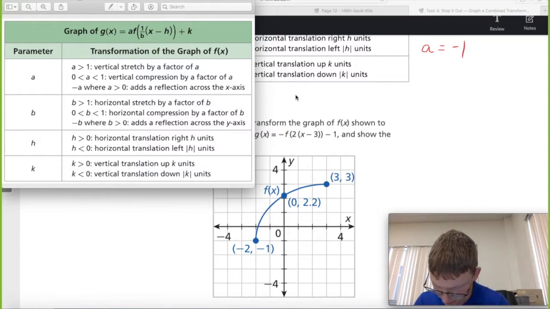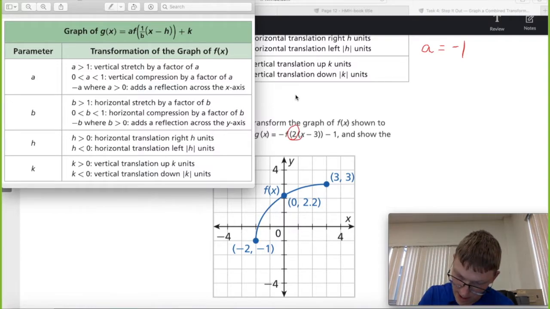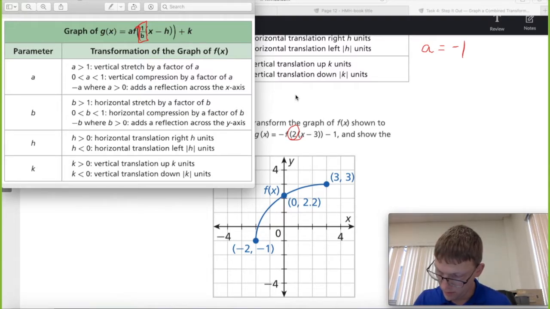Our next number is on the inside of the function. It's a 2, but notice right here, our parameter is supposed to be 1 over a number. So if we were to make our 2 1 over a number, what would that look like? So our b is going to be 1 over 2.